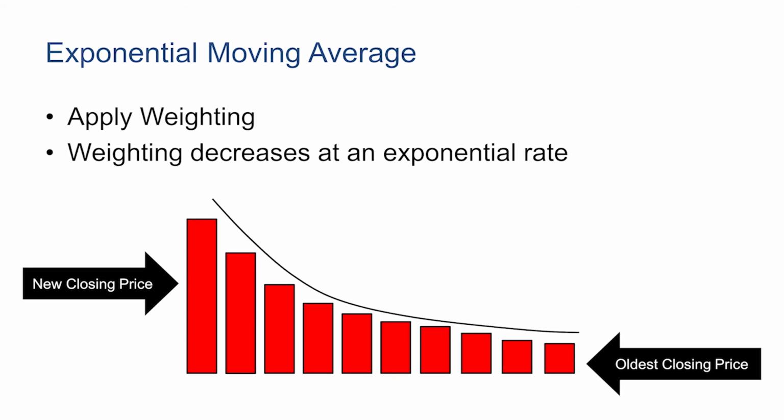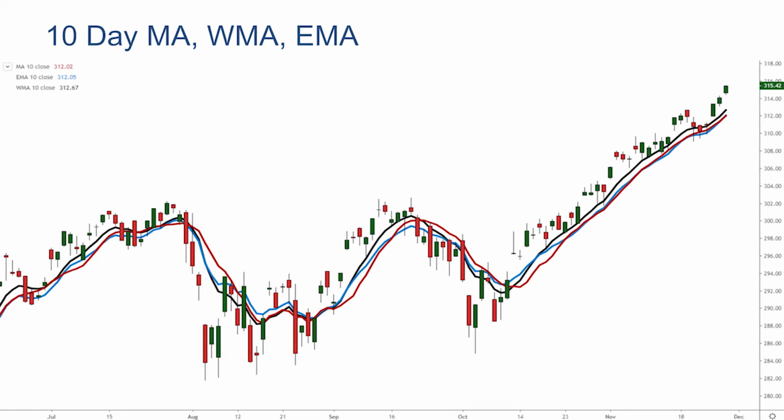So I want to just demonstrate here on a chart that when we take a 10-day simple moving average, weighted moving average, and an exponential moving average, they're all measuring the exact same 10 days. But notice some of the characteristics.